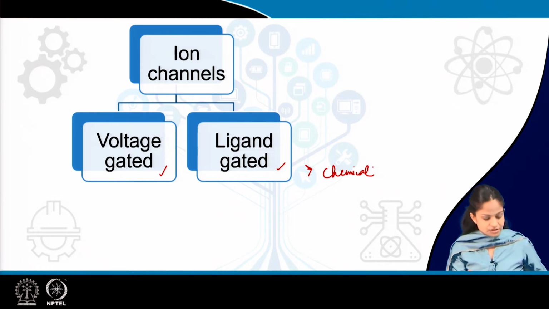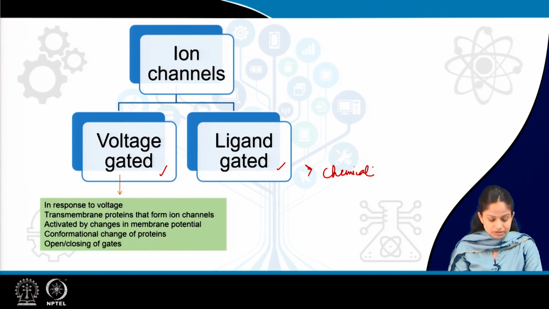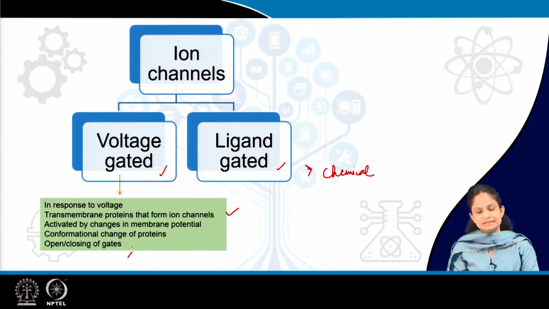So, thus voltage gated channels, they respond to the voltage, that they are the transmembrane proteins that form the ion channels. They are activated by the changes in the membrane potential, which bring about the conformational changes, and there is gating mechanism or opening or closing of the gates seen in the voltage gated channels.